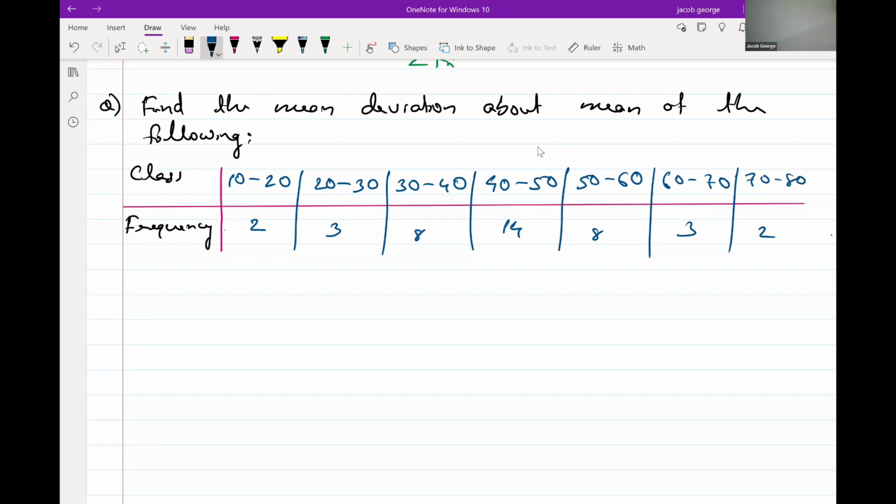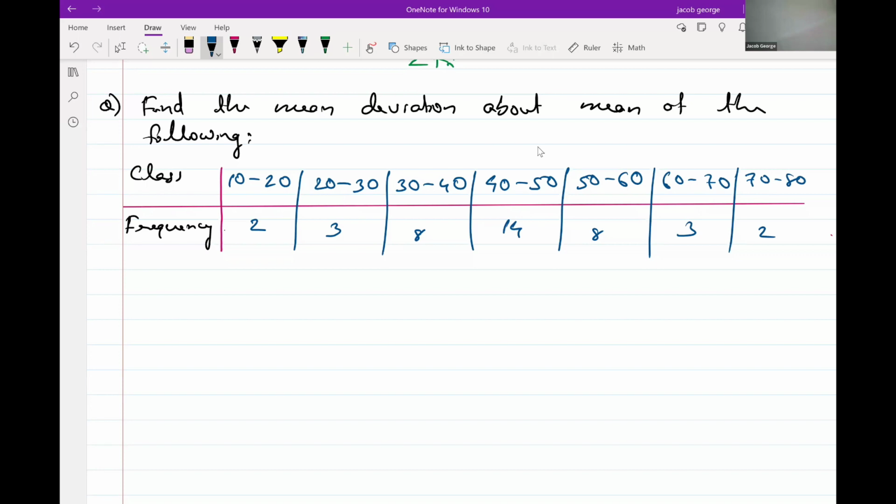This is the data given. So this type of data is called grouped continuous data.